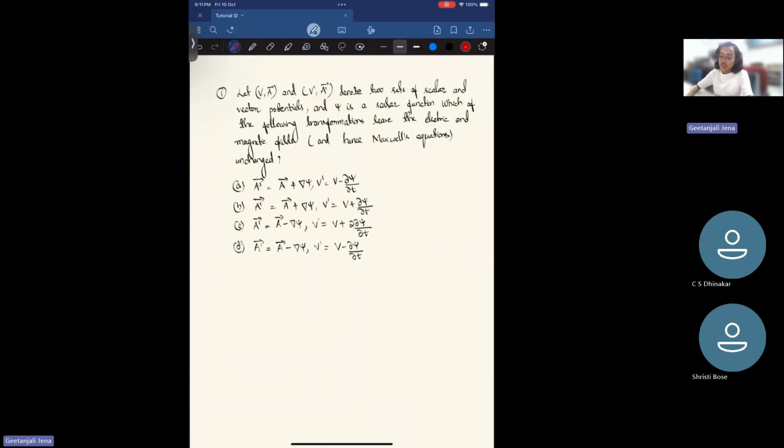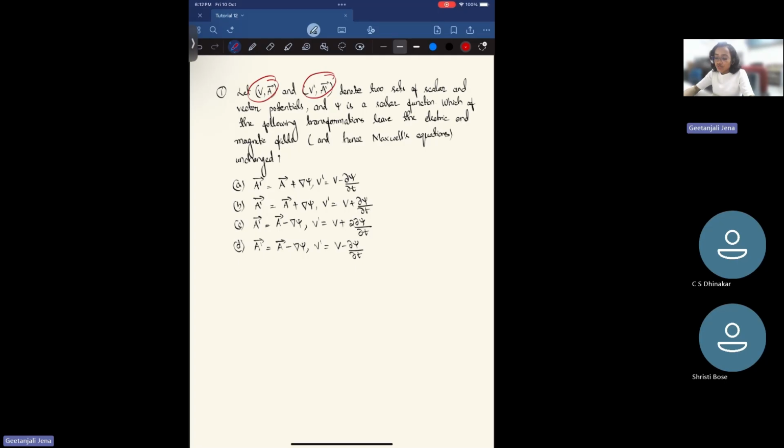The first question is quite trivial. This is only to let you recall the concept that has been taught in the class. So go through the question and let me know the answer. Two sets of vector and scalar potential are given: one is V, A and one is V prime, A prime, denoting two sets of scalar and vector potentials, and psi is a scalar function.